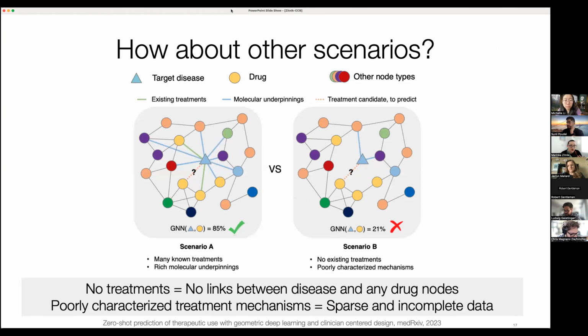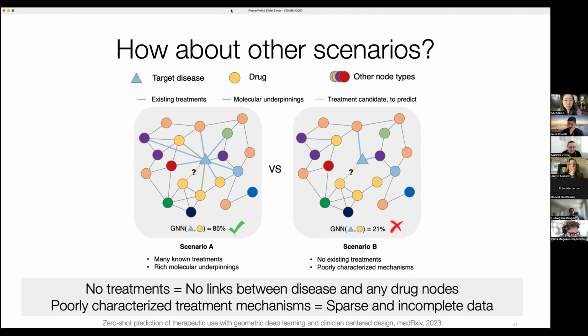So we're not so interested in scenario A. We are more interested in scenario B. That's a scenario where we encourage the model to perform well on diseases that have no or very few existing treatments, that have very poorly characterized mechanisms. We want the model to identify candidate therapeutics for those diseases and disease areas.